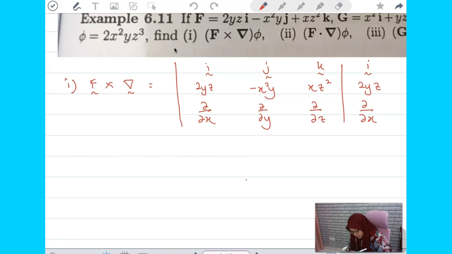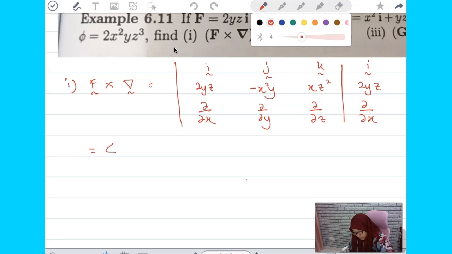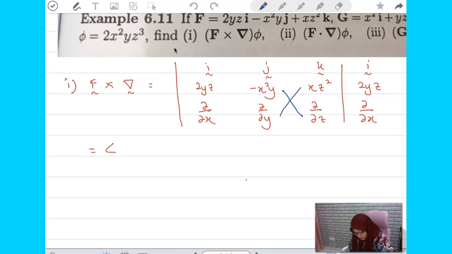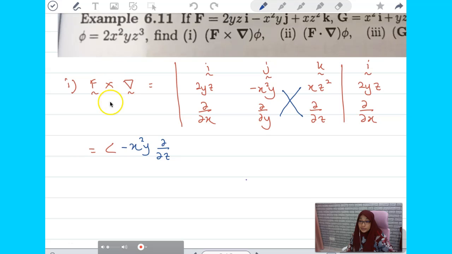So now we want to get the x component. So we have minus x squared y and del z is at the back. Okay, so you cannot put it in front here because this is very sensitive to the location.